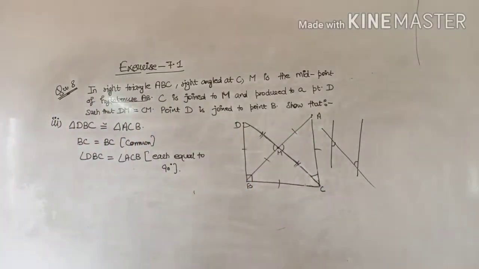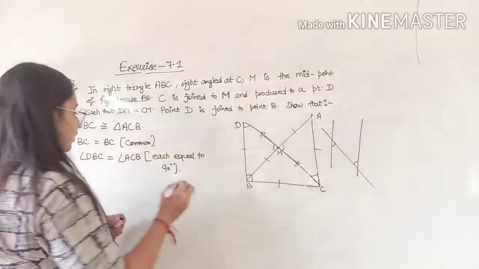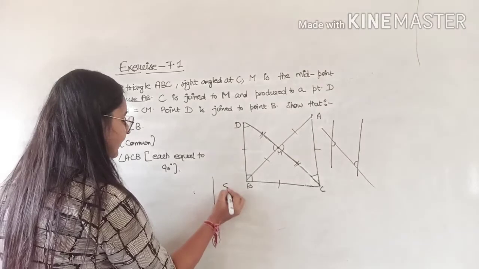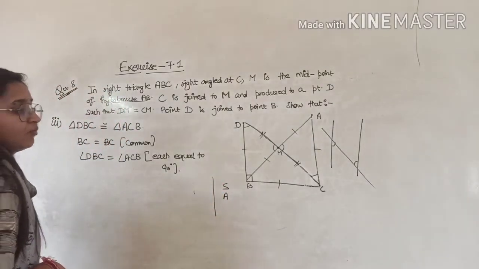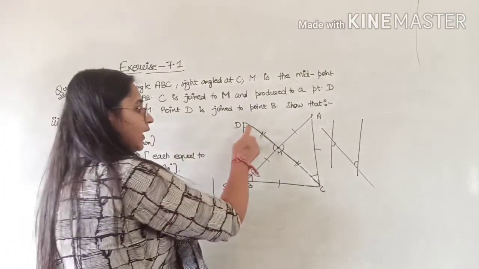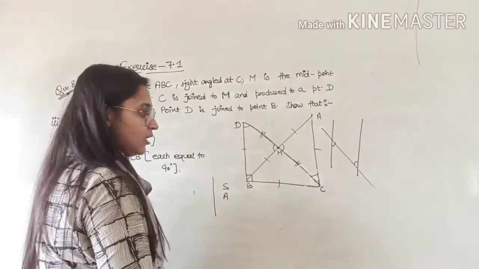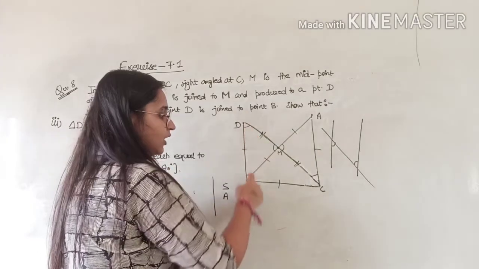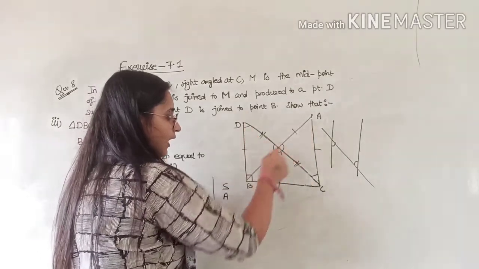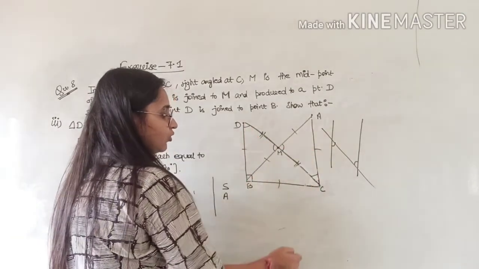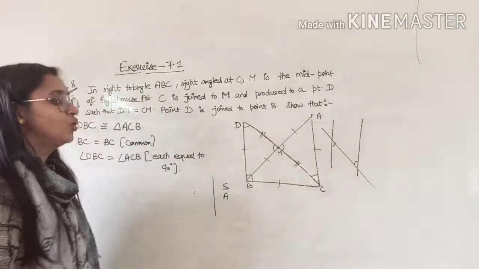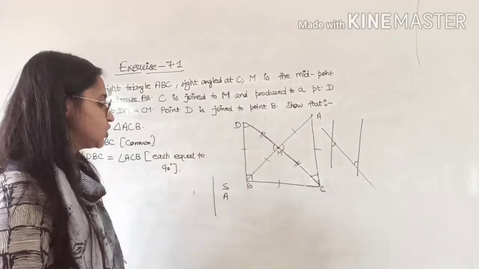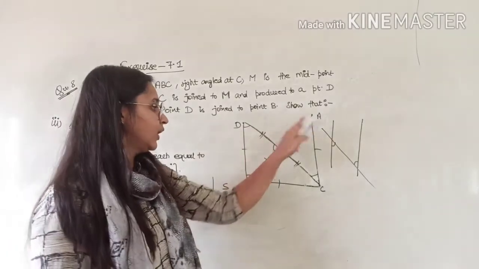So you have one side and one angle, the same way, one side and one angle. Now you need another thing that you have to prove. You have two conditions here: first is side, then angle. Now tell me which property you can apply. If you take this angle of this particular triangle and from the other triangle take this angle, there is no relation between these two angles, so I cannot take this angle.